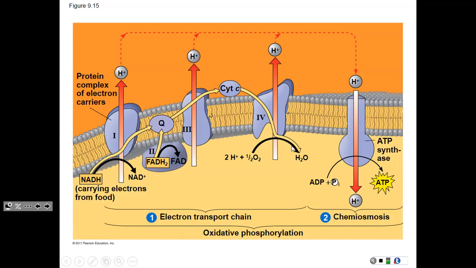At 3 steps along the way for NADH, as the electrons are flowing, proteins are moving hydrogen ions from the inner sanctum of the mitochondria, the innermost space of the mitochondria, out toward the inner membrane space of the mitochondria. So remember, mitochondria have that double phospholipid bilayer.